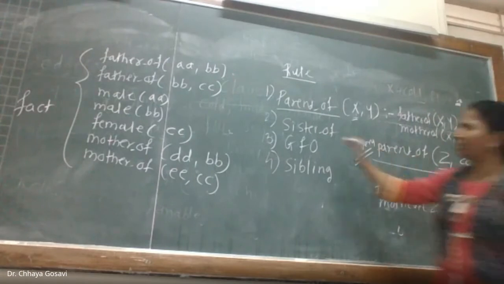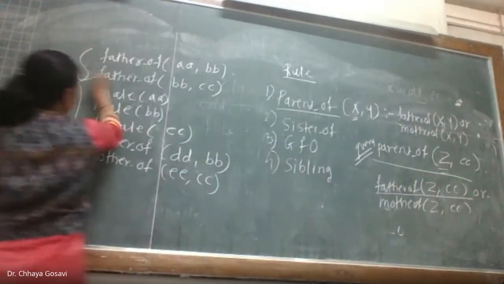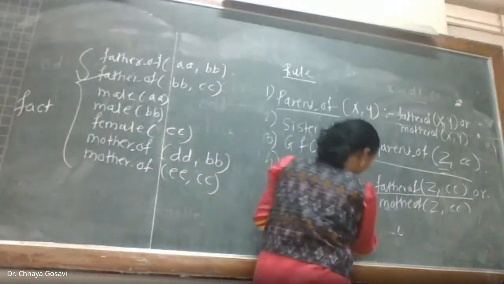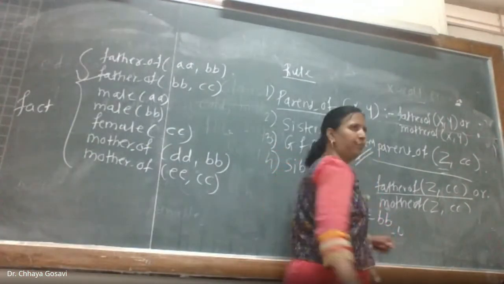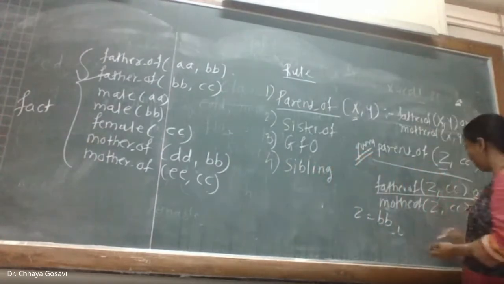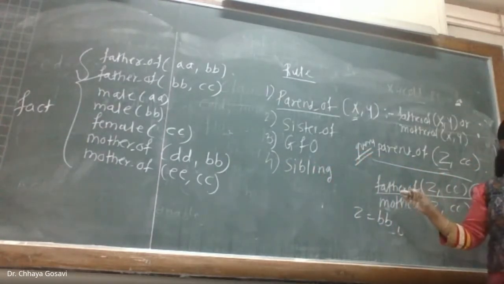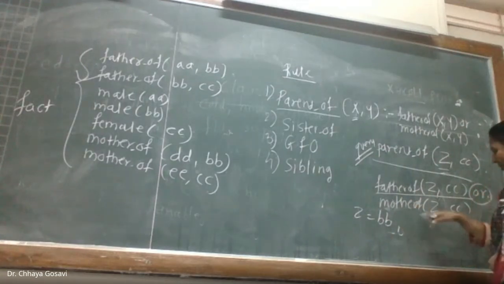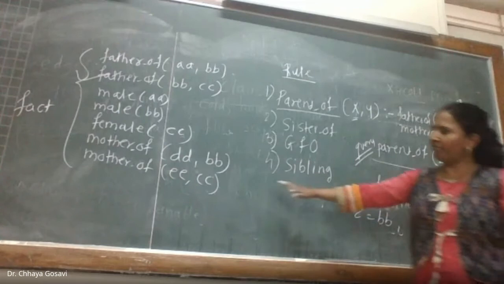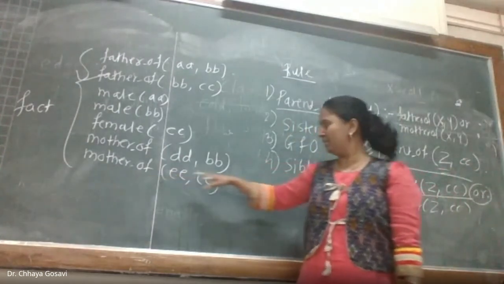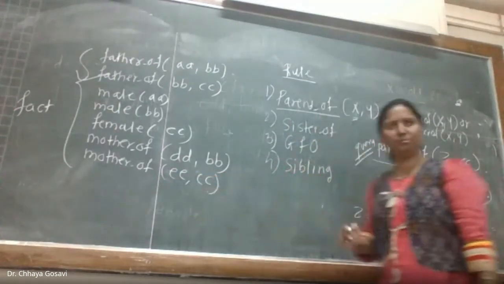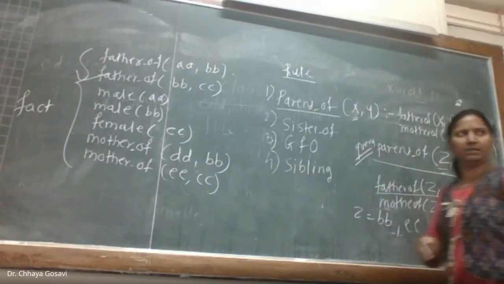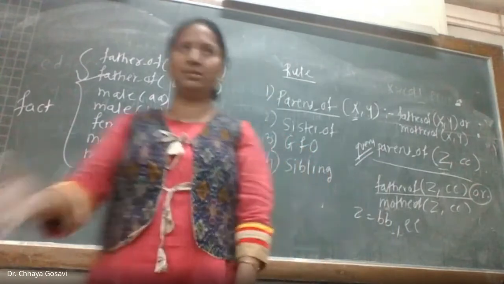So it is matching with this one, father of BB CC. So first it will return value for Z as BB. Condition is or, so it will return all possible values for Z. So mother of Z CC: we have one more fact which has EE is mother of CC. It will return two values. So BB and EE, they are parents of CC.